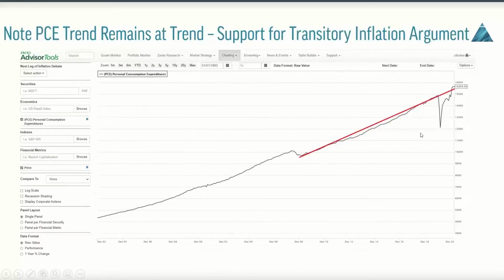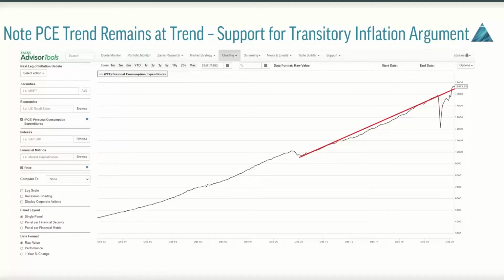And what I want everyone to see in the next chart, I literally just took this into my 3D Paint and put a visual plot of a regression line up, a least squares fit. And what I want everybody to notice is that the PCE trend remains basically intact, or at trend.